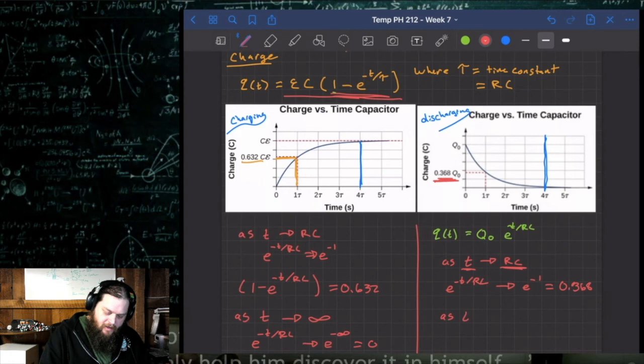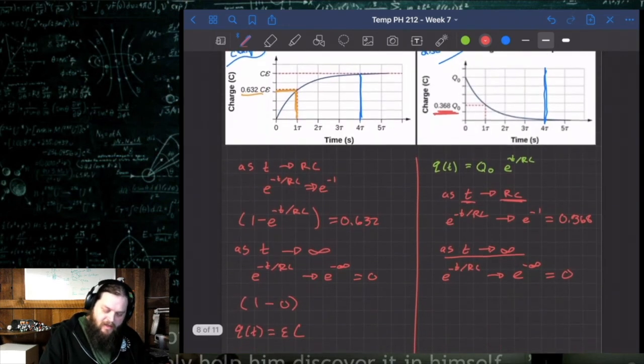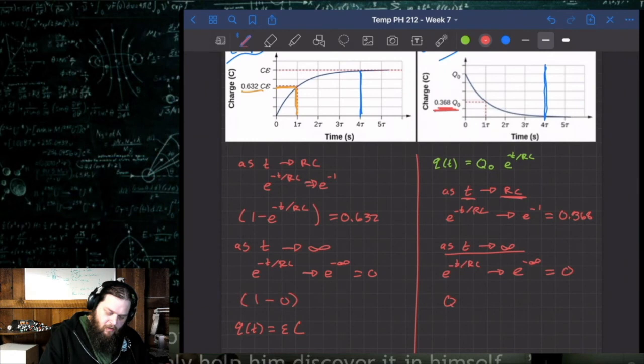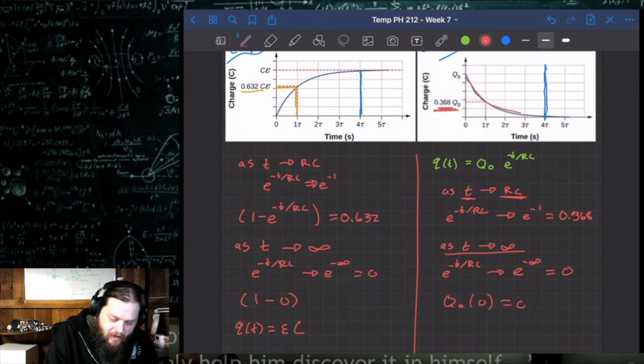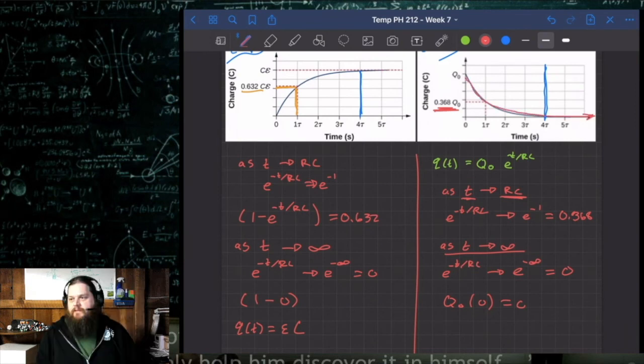Similarly, as t approaches infinity, we can see that e to the negative t over RC is going to approach e to the negative infinity. Again, this is equal to 0. Because that's equal to 0, Q naught times 0 is equal to 0. And you can see that in the graph here, where as time goes on forever, we basically approach 0.